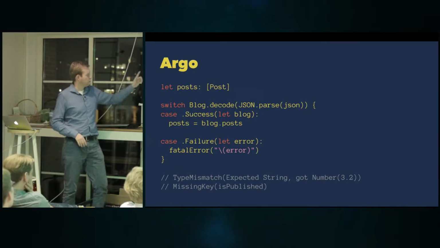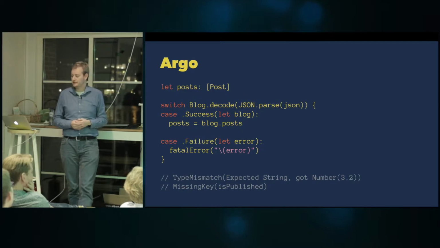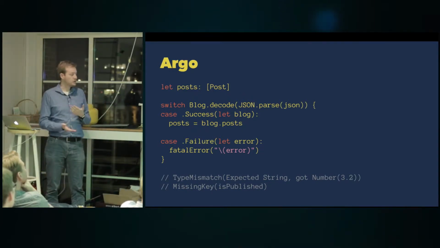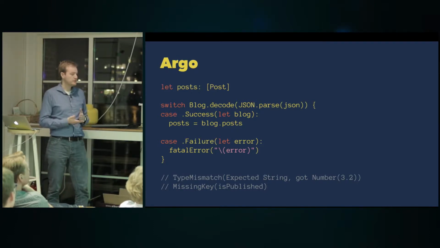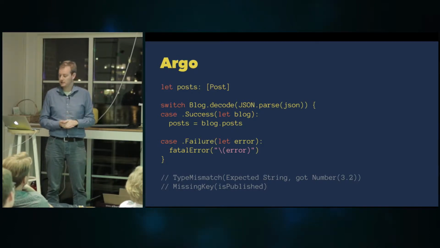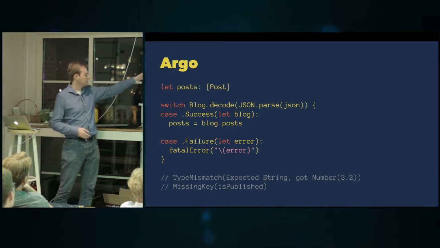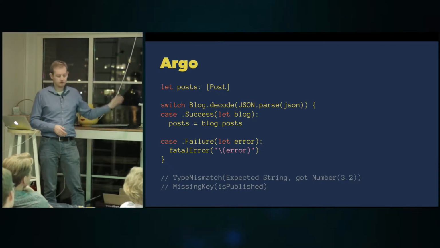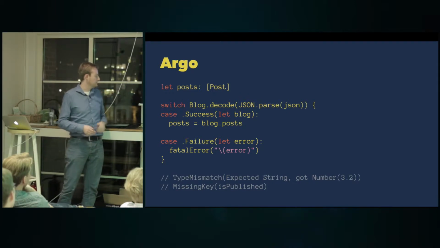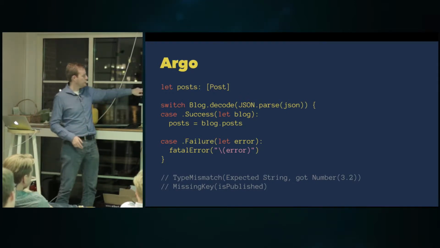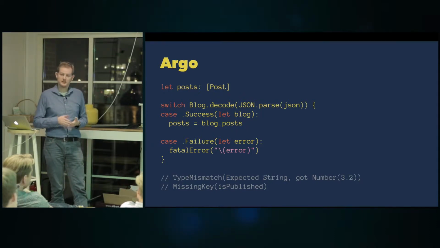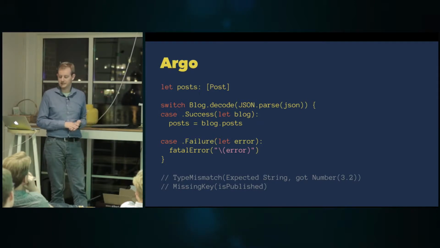So you can parse the JSON, give it to the decode function we just defined, then it returns a decoded blog, which we can switch over. It's either a success or a failure. In the success case, we can store the value in the post array, and in the failure case, we get an error. These are two examples of errors you can get. You can either get a type mismatch, expected a string but we got a number, or a missing key if some value is missing in the JSON.